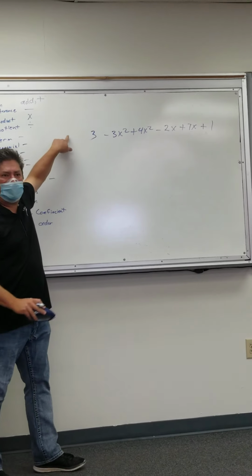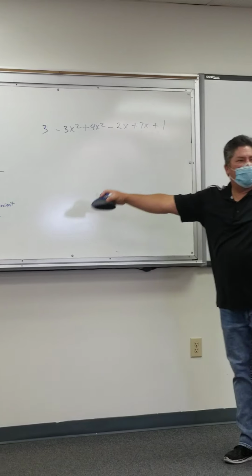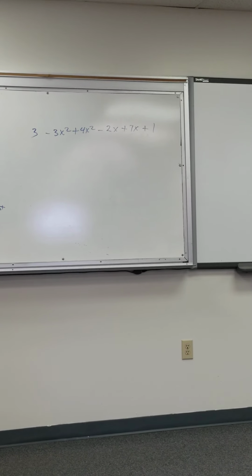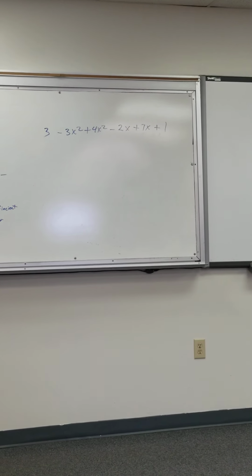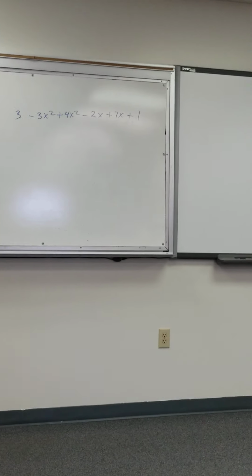What is this? What's this whole statement called? Polynomial. Very good. What's the degree? 2. Why is the degree 2? The highest degree individual term anywhere in there is 2. So that's the degree of the polynomial.